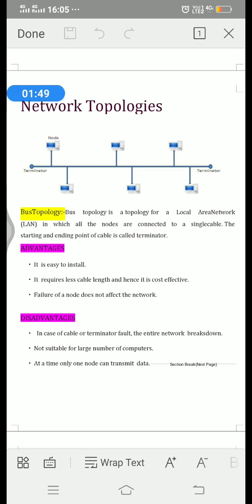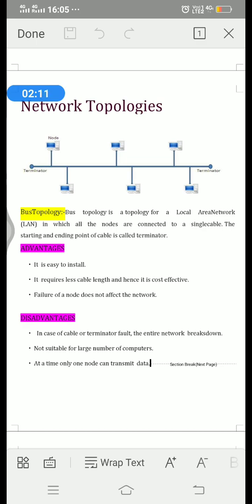Fine, students. Now, what are the advantages? It is very easy to install. As you can see, installation is very easy. If the backbone is going in front of your system, you can easily connect with that backbone, and this is, you can say, the simplest topology.